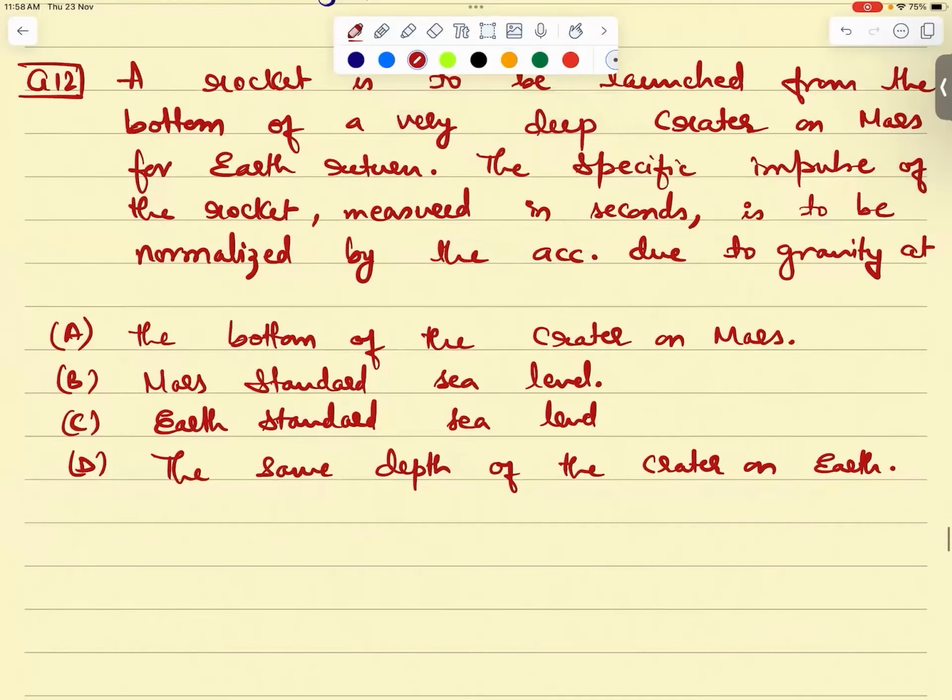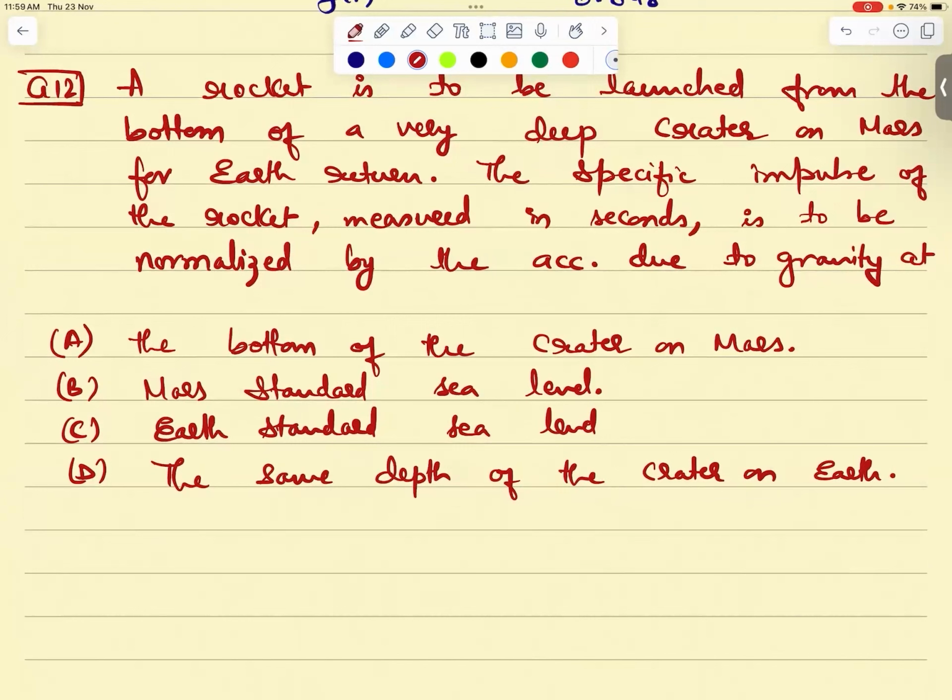Come on, guys. Option C, sir. Why C? Sir, डिजाइन तो हमने रॉकेट को अर्थ पे किया है, तो वो डिजाइन पैरामीटर अर्थ के हिसाब से लेंगे ग्रेविटेशन.